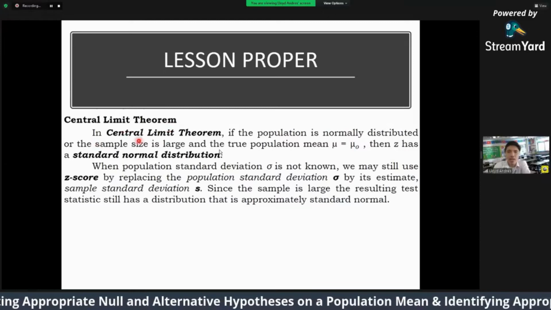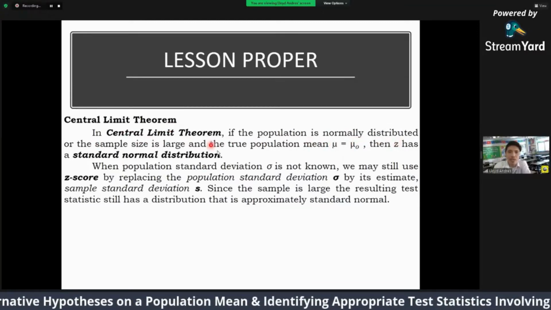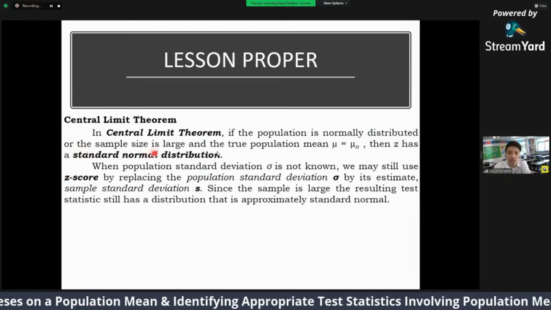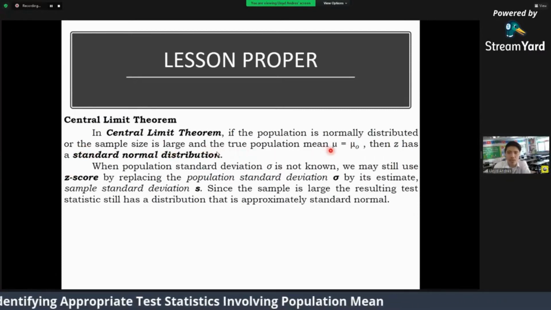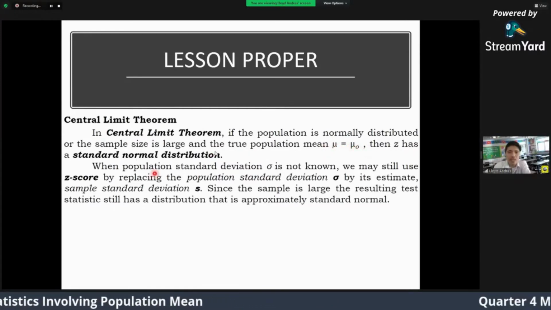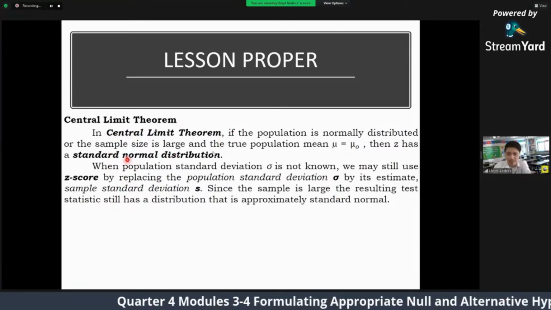In the central limit theorem, if the population is normally distributed or the sample size is large, and the true population mean mu is equivalent to mu sub 0, then Z has a standard normal distribution. Kanus-a ani magamit si central limit theorem?